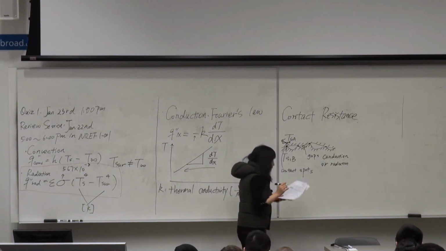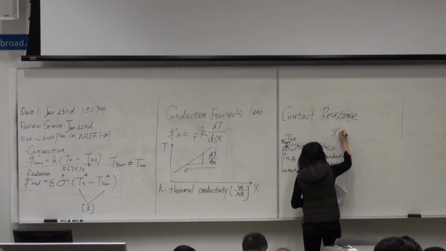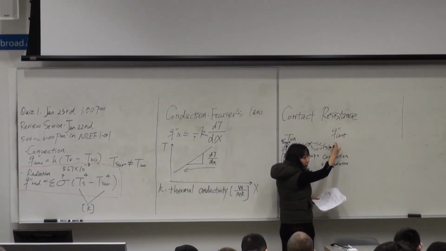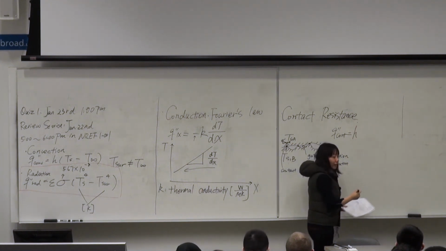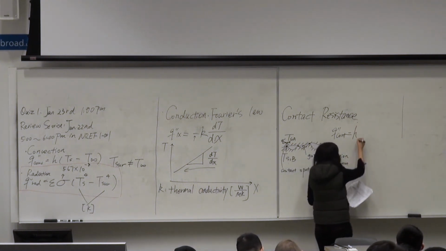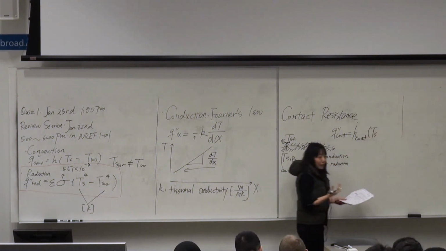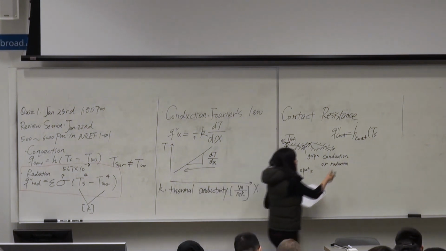But the heat flux caused by contact can also be simply computed as a contact heat transfer coefficient times the temperature difference between those two surfaces in contact.